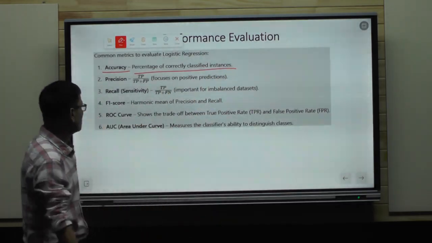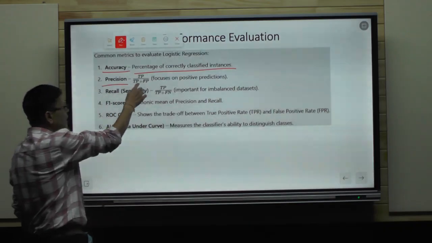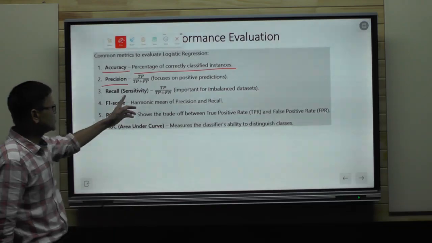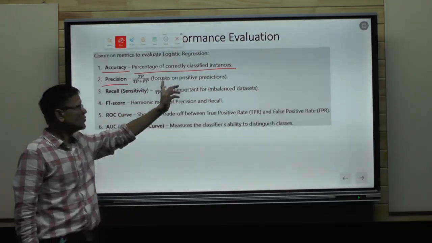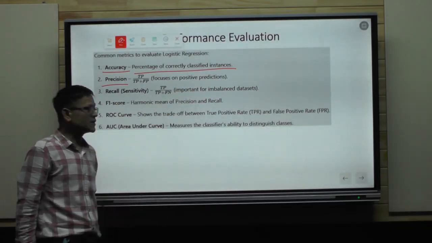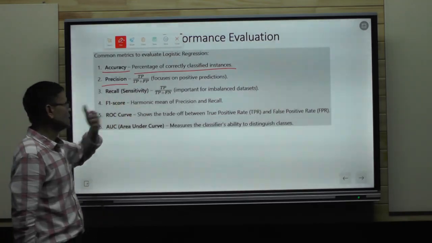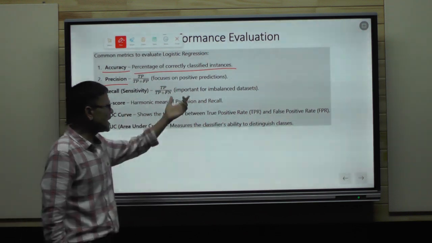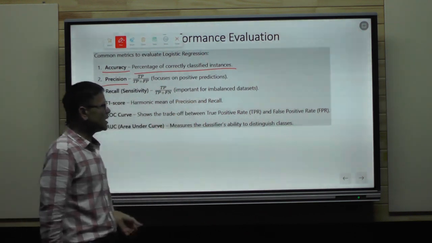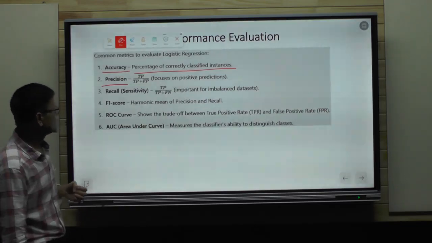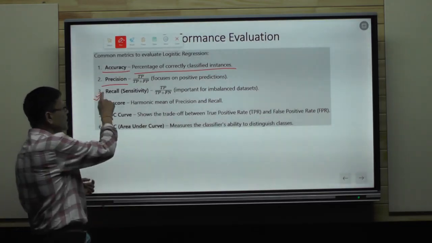Precision is true positive divided by true positive plus false positive; it focuses on positive predictions. The recall is sensitivity, and that tells about imbalanced data. If an imbalanced data set is there, then sensitivity becomes very important.